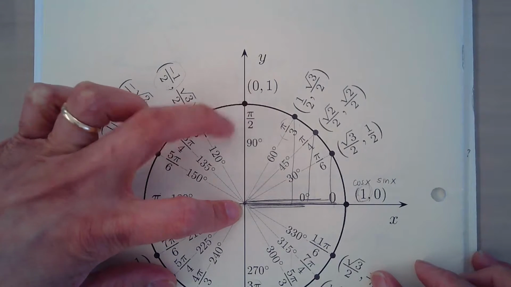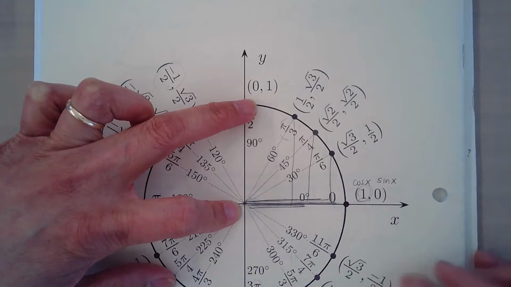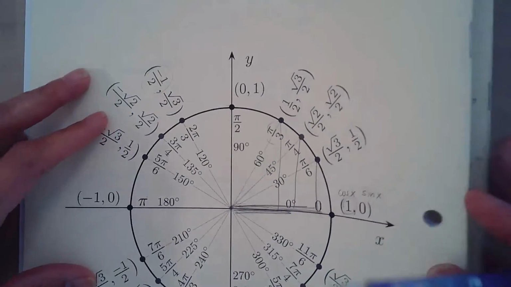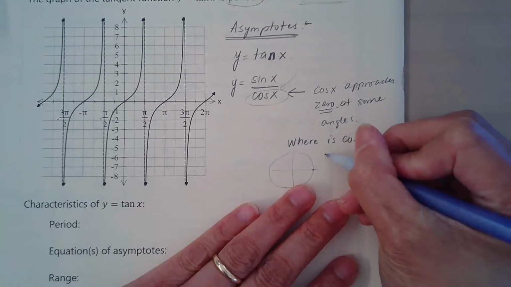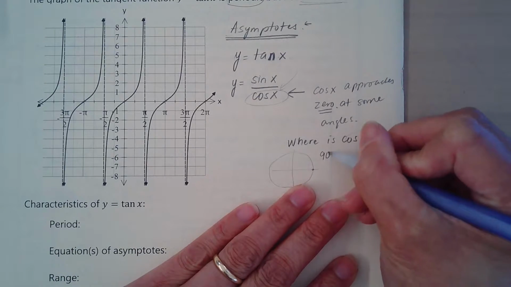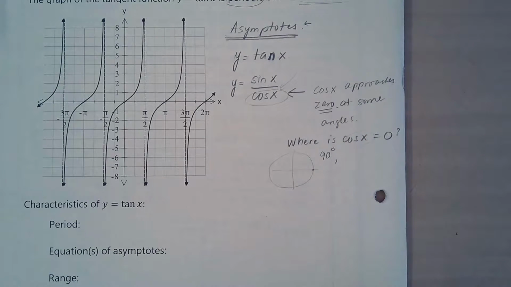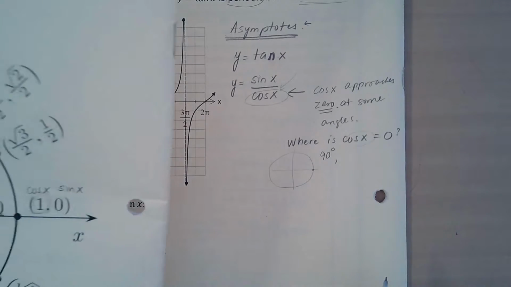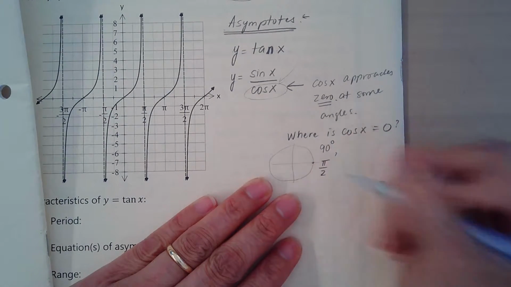At pi over 2? Nobody said 90 degrees. Yeah, they're both correct. 90 degrees, so let's do 90 degrees, or pi over 2, they're the same.